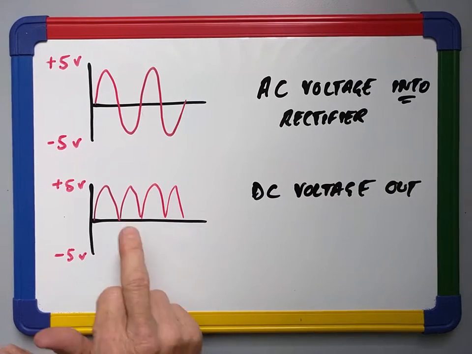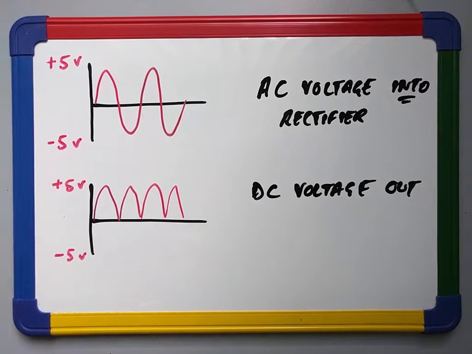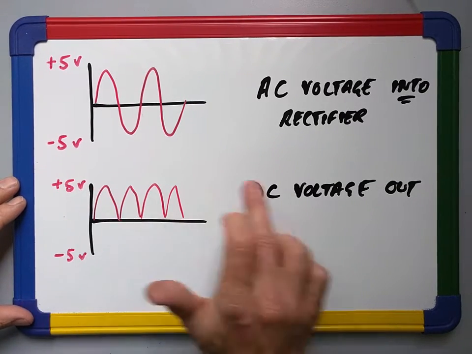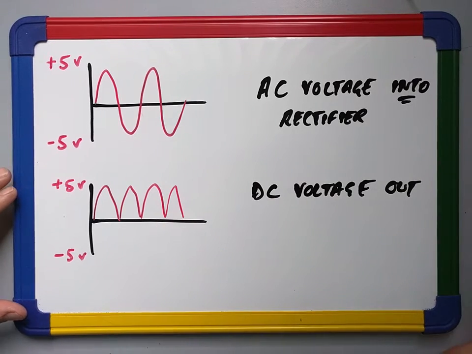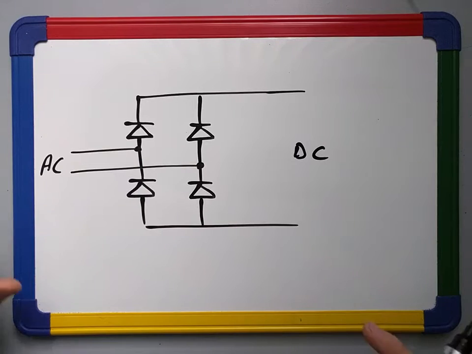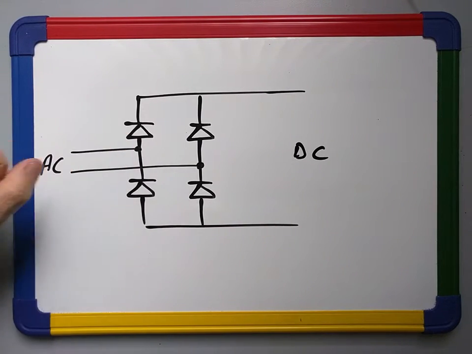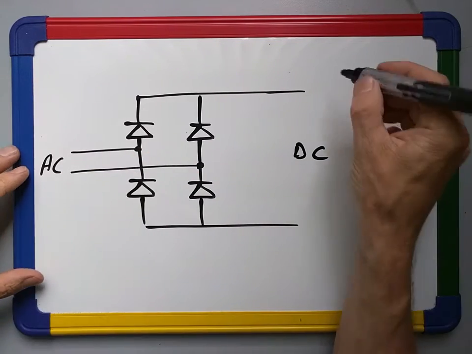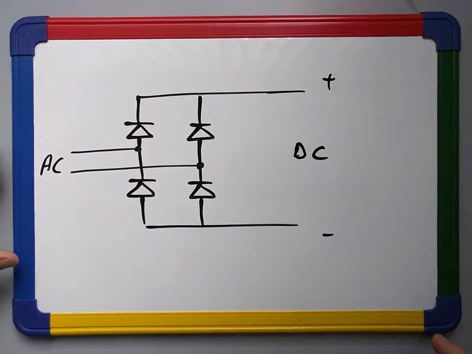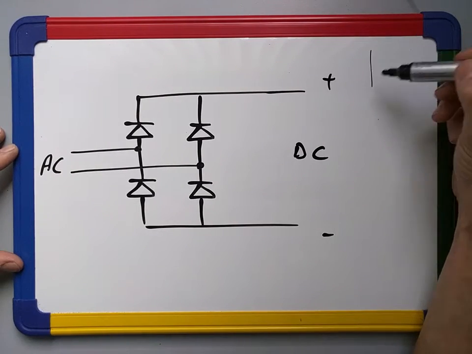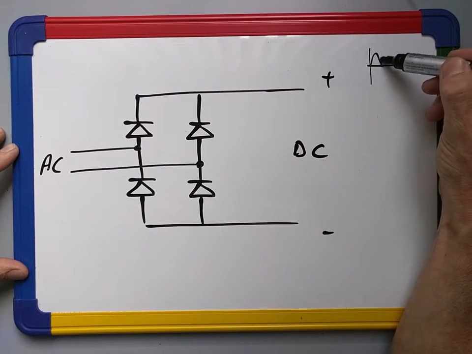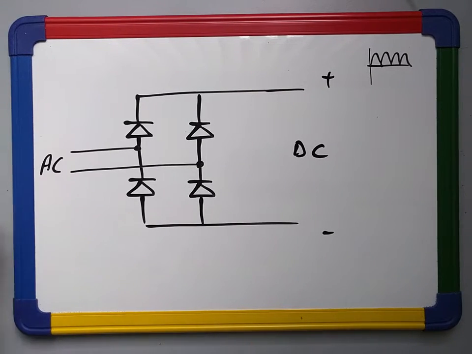Now this is still a pretty bumpy voltage, and it's not the sort of thing we'd want to put into our phone. So the last thing I want to show you is how this gets smoothed out to become completely smooth DC, similar to that which you would receive from a battery. We go back to our rectifier again, our 4 diodes pointing upwards, AC coming in to the left in the middle, DC, positive, negative, coming out at the right hand side, and that's going to give us that familiar bumpy DC that we looked at a moment ago.